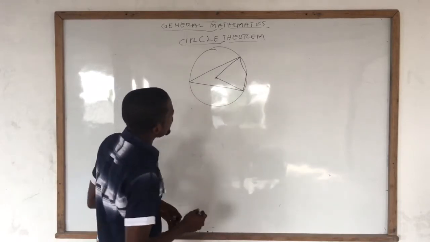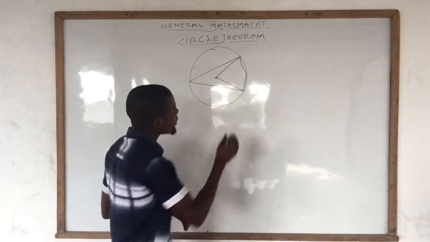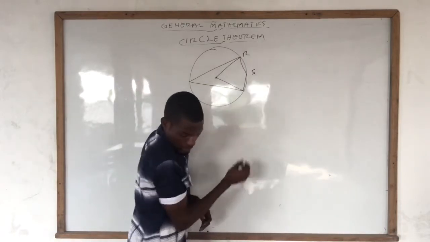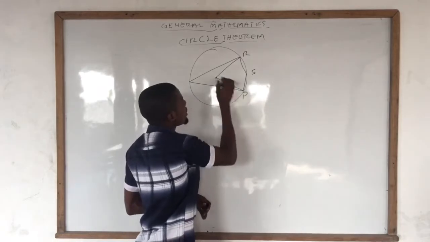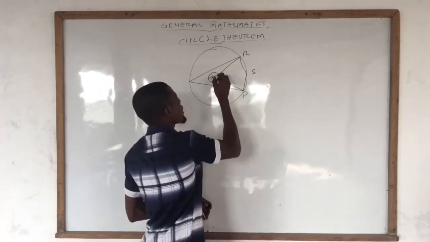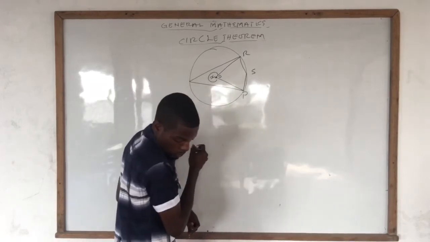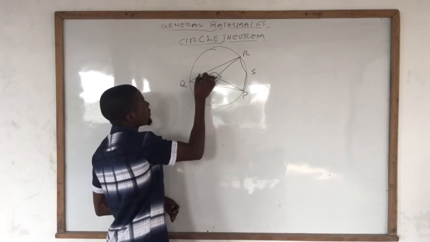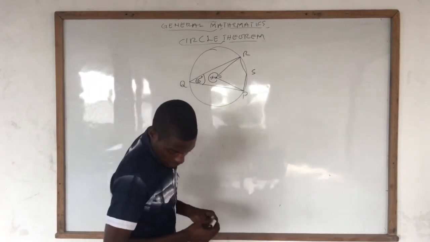This is R, this is S, this is P. I'm told to find X, right? The center is O, and this part is Q, and this angle is 65 degrees.